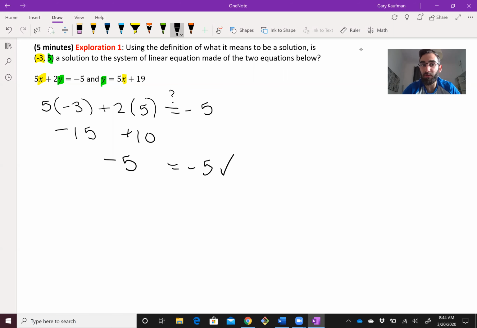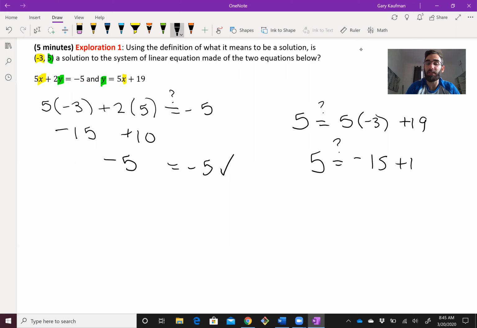That's a definition we've used before. Solution means, does it make it true? It makes the first one true, but for a system, it must make all of the equations in the system true. So let's try the next one. 5 equals 5 times -3 plus 19. 5 equals, we'll put a question mark there, -15 plus 19. 5 equals 4.